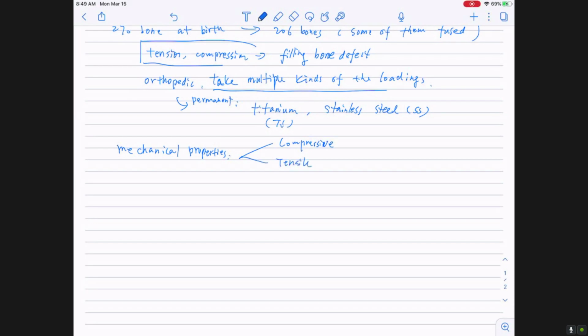Okay, and so we have some other things like fracture strength or toughness. Sometimes I will put fracture toughness together. So what is it for? To evaluate the serviceability, or you can say the working life, serviceability and performance.